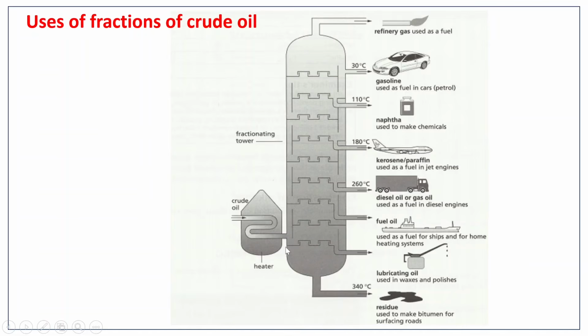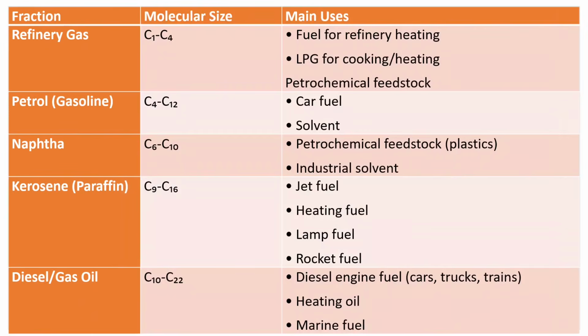All right, and now let us look at the table here. This table also contains the same fractions that we have looked at. Refinery gas, in terms of molecular size, contains hydrocarbons with carbon atoms from 1 to 4. Main use, as we said, is for fuel, refinery heating, liquid petroleum for cooking or heating, and also as petrochemical feedstock.